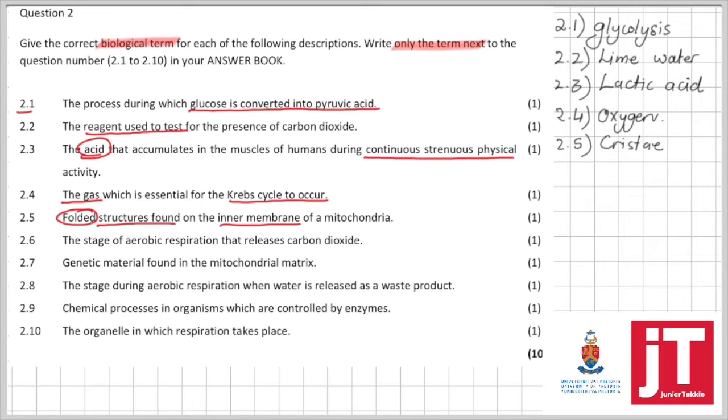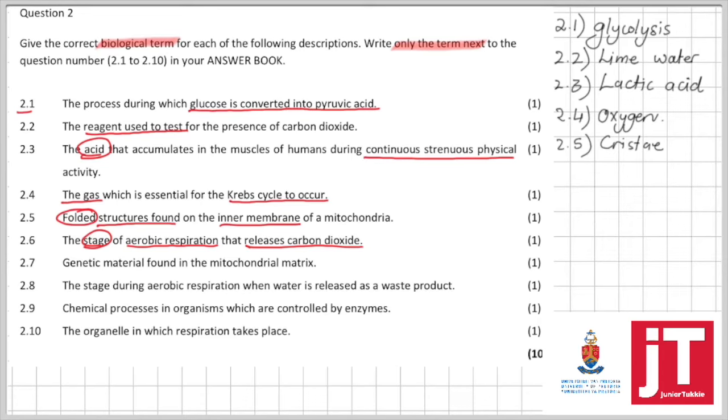Question 2.6, we're looking for the stage of aerobic respiration that releases carbon dioxide. So aerobic respiration, we should know by now, encompasses glycolysis, which moves into the Krebs cycle, which feeds into oxidative phosphorylation, which is the third stage. So one of those three is going to release our carbon dioxide.